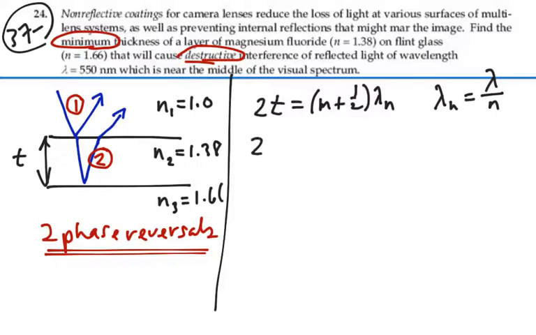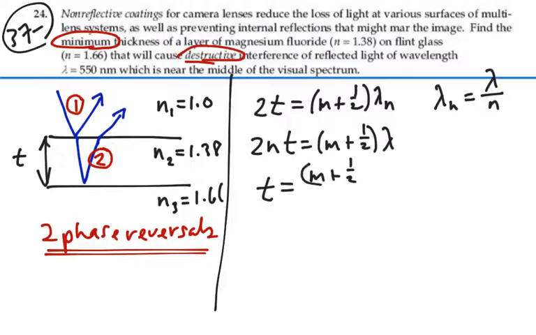So we're going to have 2nt is m plus 1/2 times the wavelength of the light. And we want to find the minimum thickness. So t is going to equal m plus 1/2 times the wavelength over 2 times n. Since we want the minimum thickness, we're going to choose m to be 0.